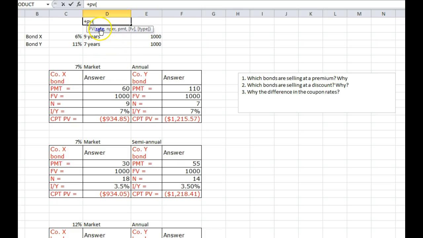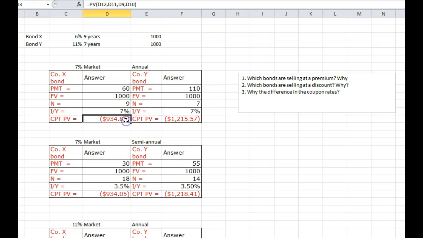Your first area is the rate. The NPER is the number of periods. The payment is the interest payment. And the future value is the FV. So I've tied all of these together.